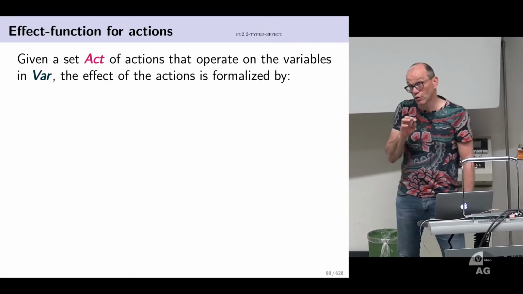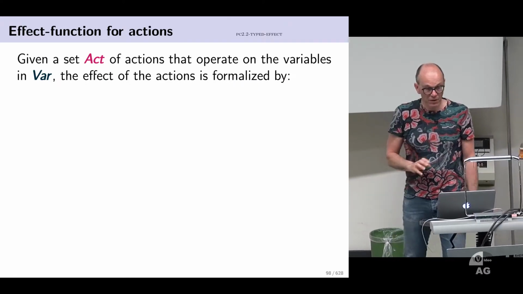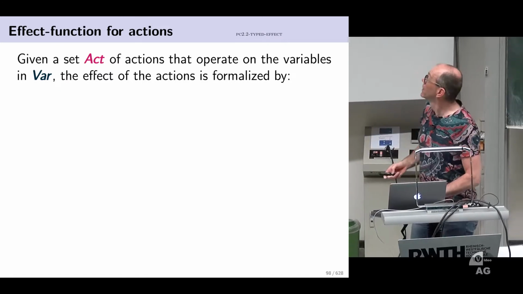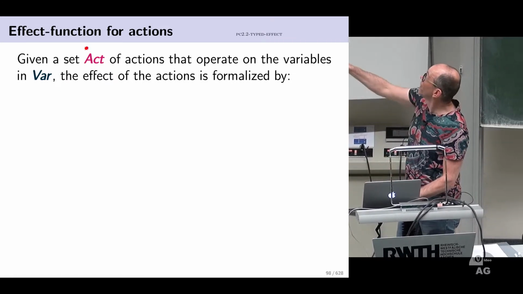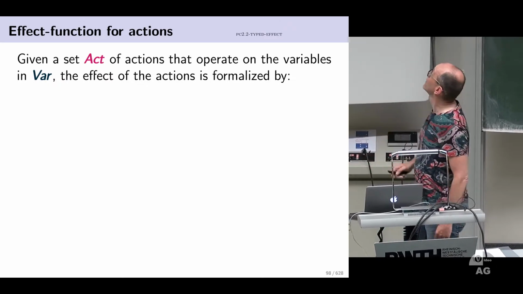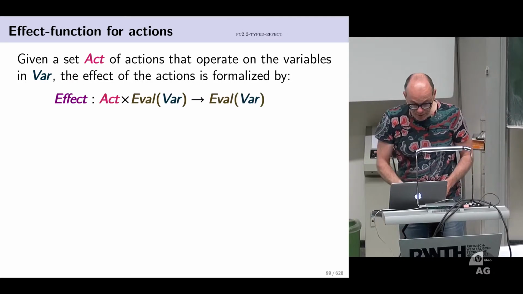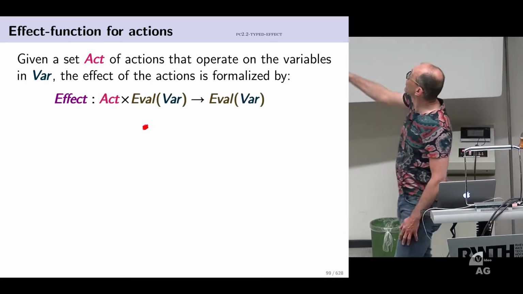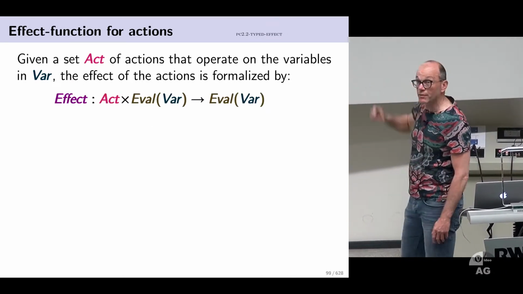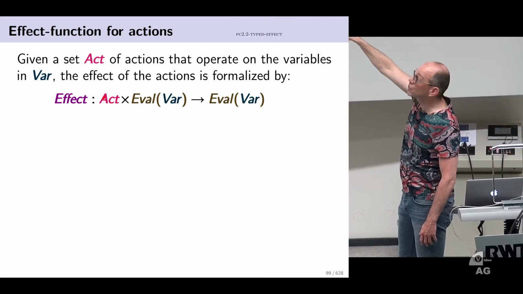The next thing I have to do: what is the effect of executing an assignment? This is relatively easy and formalized as follows. So we have a set of actions. Remember, actions are assignments that operate on the variables. Then the effect is described by a function that tells you, okay, give me the current values of all the variables. Give me the assignment I have to execute.